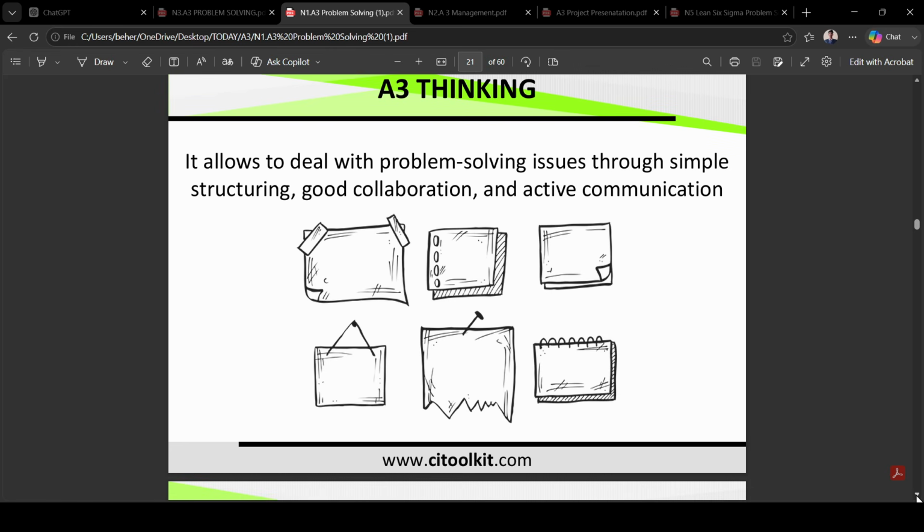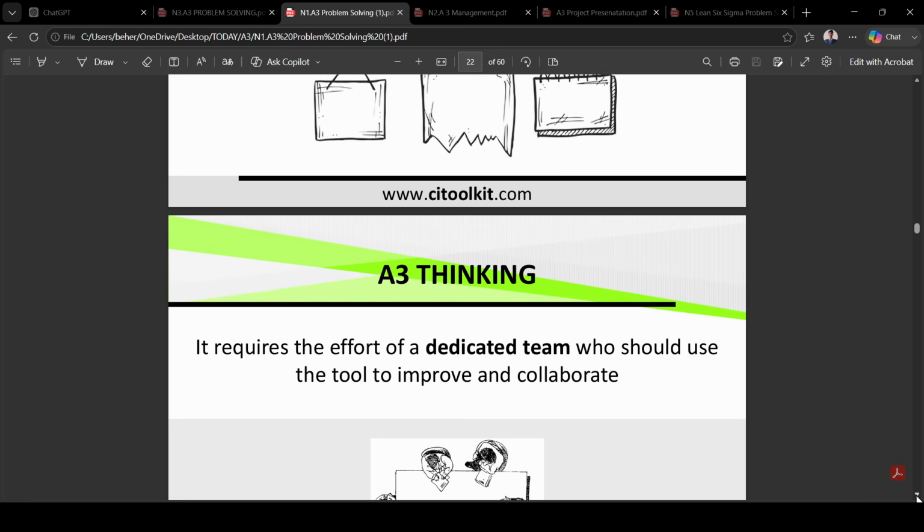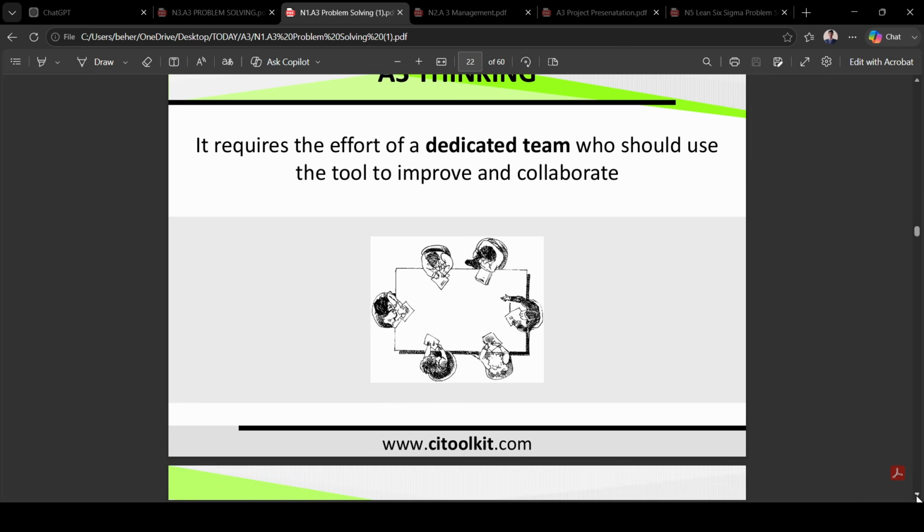It allows you to deal with problem-solving issues through a single structure, good collaboration, and active communication. It requires the effort of a dedicated team who should use the tool to improve and collaborate.